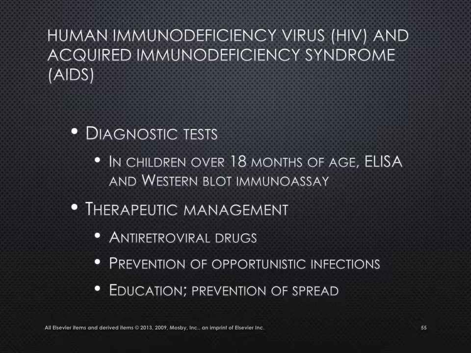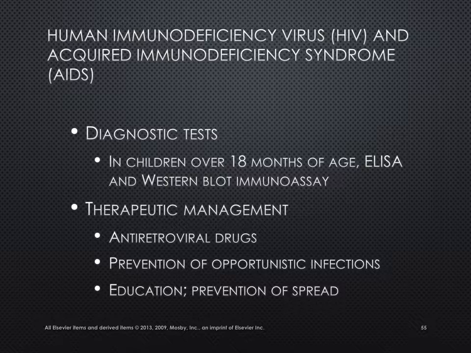So diagnostic tests, we cannot do the ELISA or Western blot immunoassay on children less than 18 months of age because it will test positive because they still have antibodies from their mother. And so they are not considered to be HIV positive until they're over the age of 18 months and have a positive ELISA or a Western blot immunoassay.